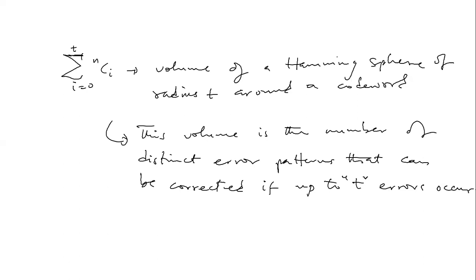So we know the total number of syndromes to be 2 to the power of q minus 1, which is the same as 2 to the power of n minus k, minus 1, because q is n minus k.